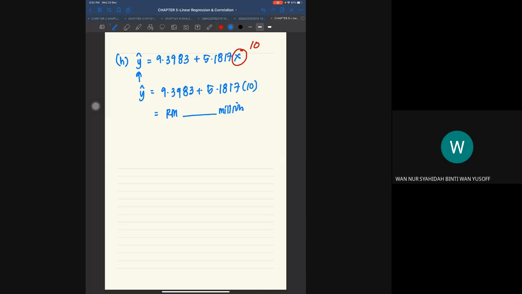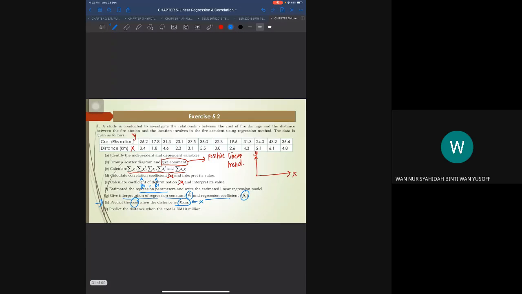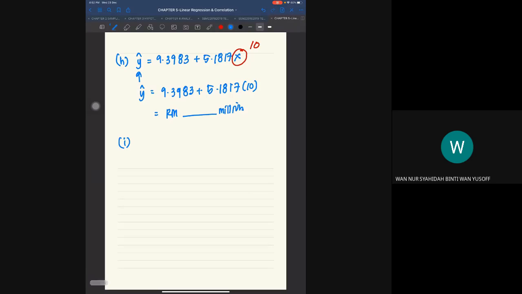Okay, and then the next one, predict the distance. So we know that distance is X when the cost is 10 million. So this is your Y. Similar equation, but now we have to substitute Y with the 10 and then we are looking for X. So algebra sikit.